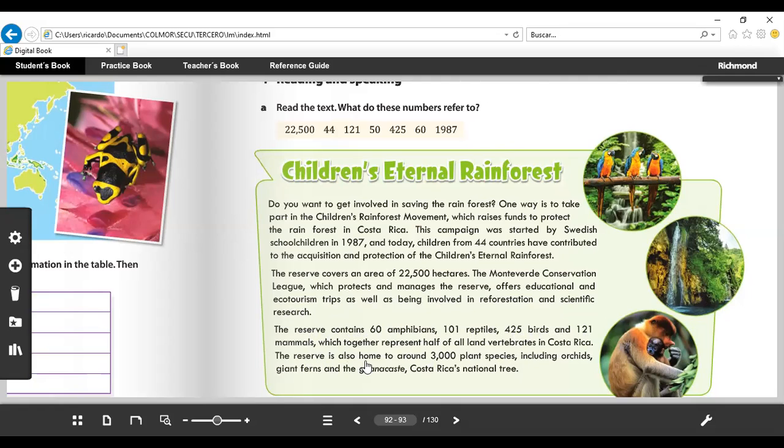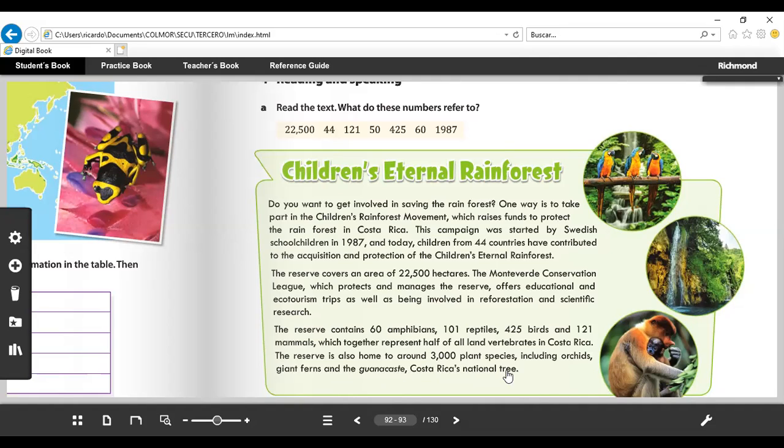The reserve is also home to around 3,000 plant species, including orchids, giant ferns, and the Guanacaste. Who knows what is that? Costa Rica's national tree. Okay, but where's the number 50?